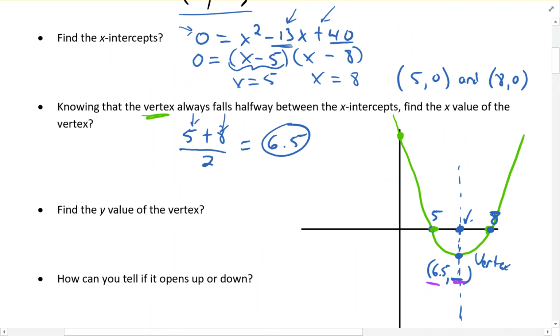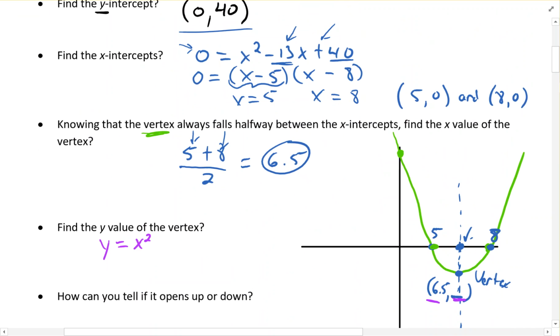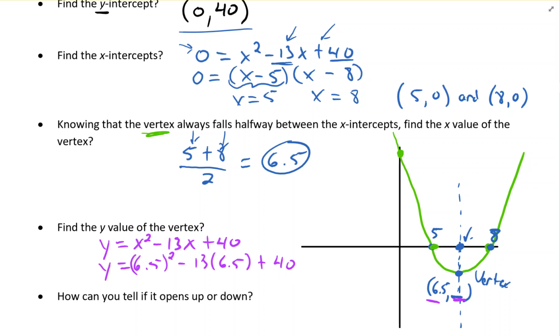So if I want to know the y, let's go y is equal to, what was it, x squared minus 13x plus 40, right? And then just replace all the x's with 6.5: 6.5 squared minus 13 times 6.5 plus 40.